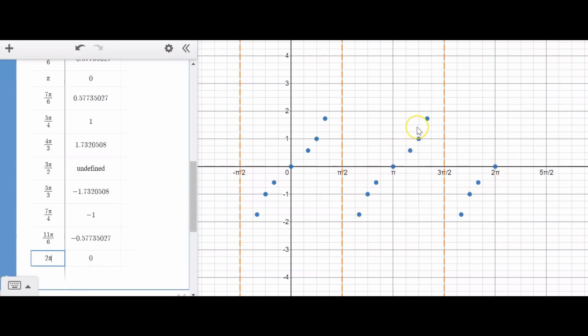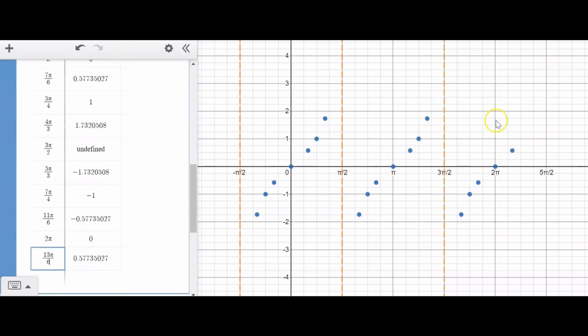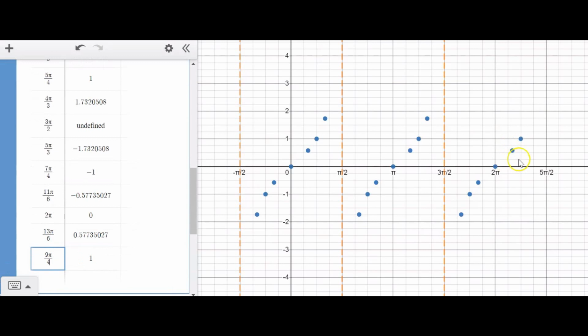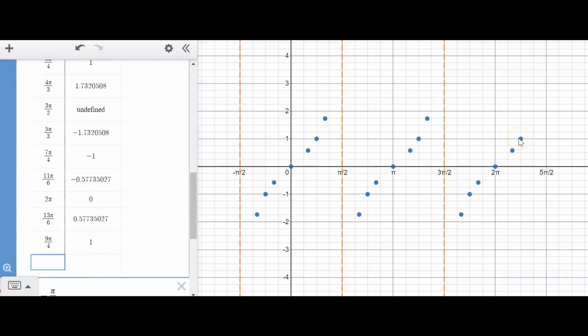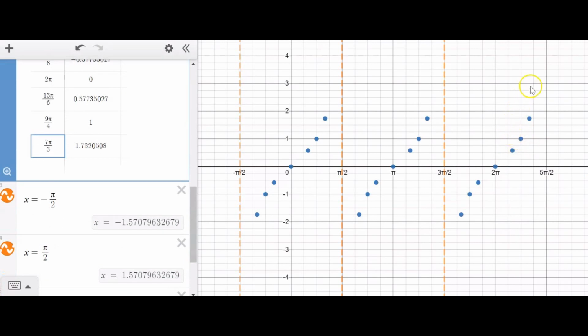Looks like we're seeing the exact same pattern again. Then, the last few we have here are 13 pi over 6, which gives us positive square root of 3 over 3 again. 9 pi over 4 gives us positive 1 again. And then 7 pi over 3, once again, gives us positive square root of 3.